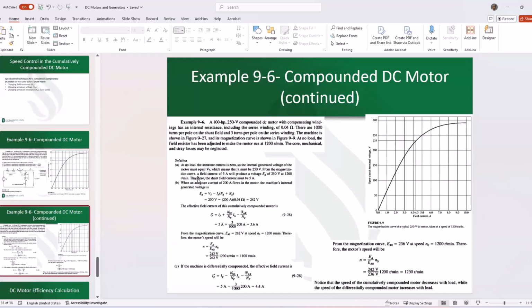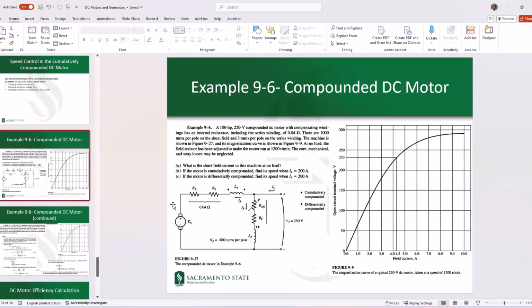From the magnetization curve, a field current of 5 amps will produce a voltage of 250 volts at 1200 RPM. We said that these magnetization curves are given at a fixed speed, in this case 1200 revolutions per minute. Therefore, the shunt field current must be equal to 5 amps. So this is the answer to the first question.